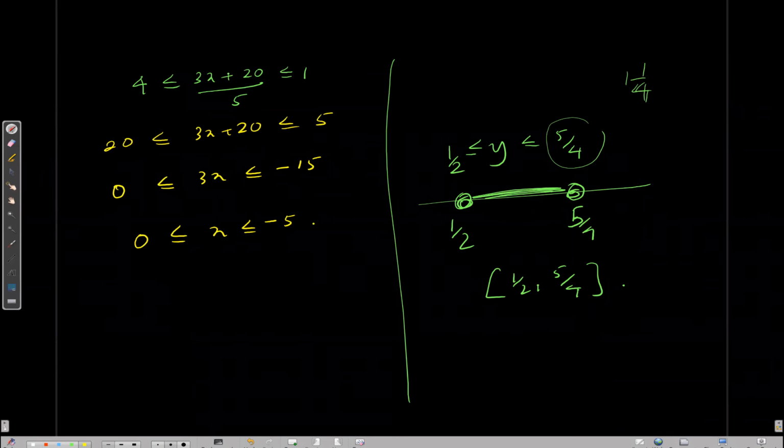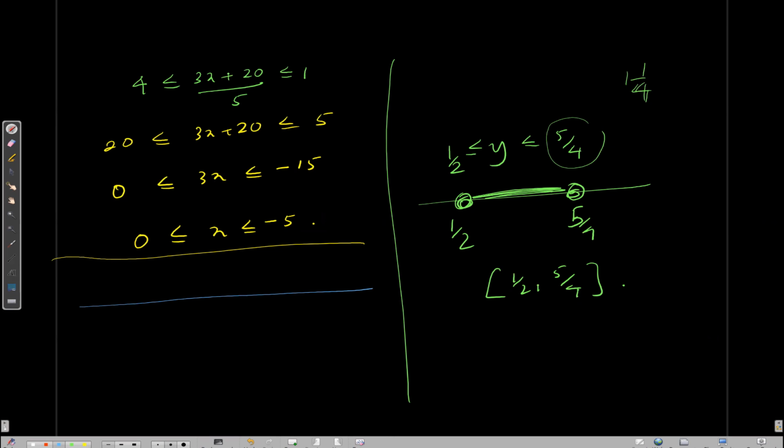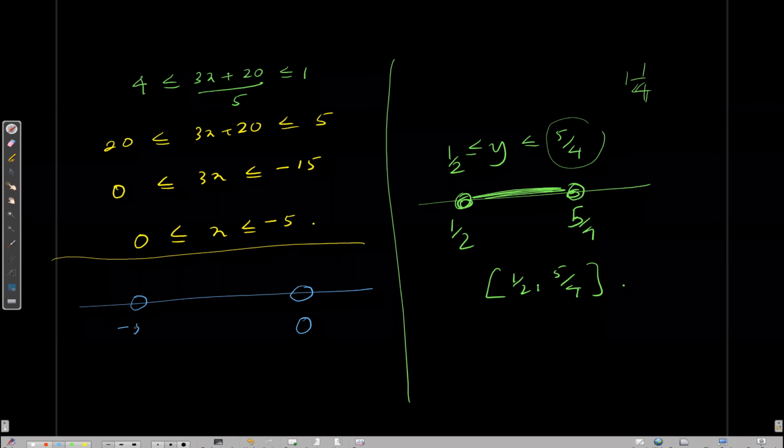Now again, a common mistake. Okay, pause the video and try to draw it, try to put it in interval form. Even if you are only asked to put it in interval form, I really suggest you draw it, because you see the reason. 0 and negative 5. Which one is the larger number between these two? And yes, we have the equal sign in both cases.